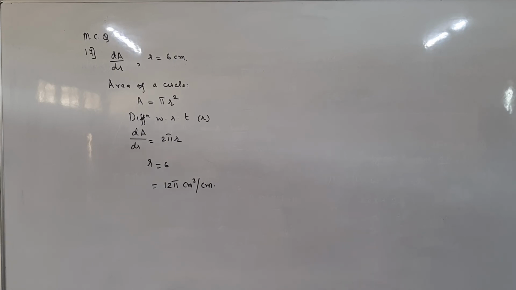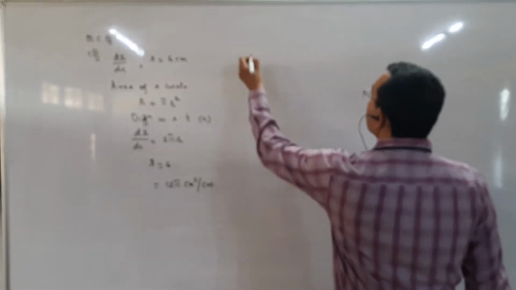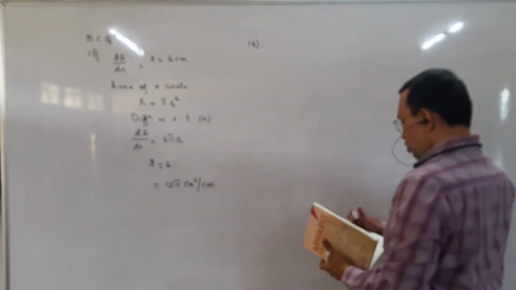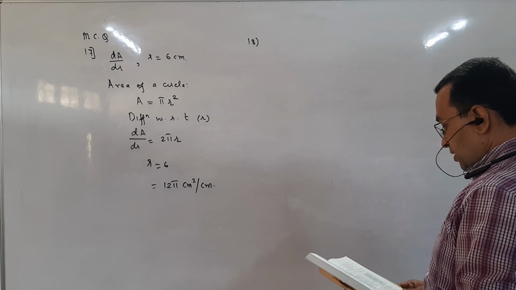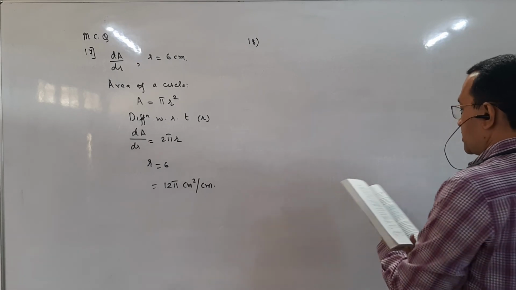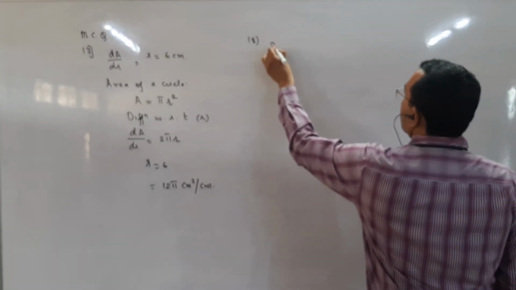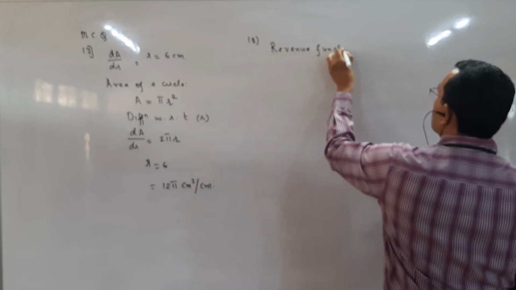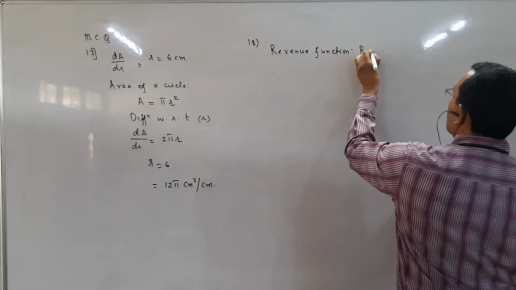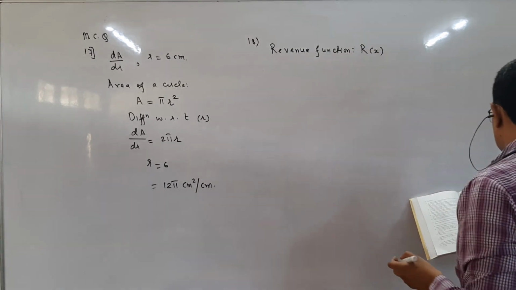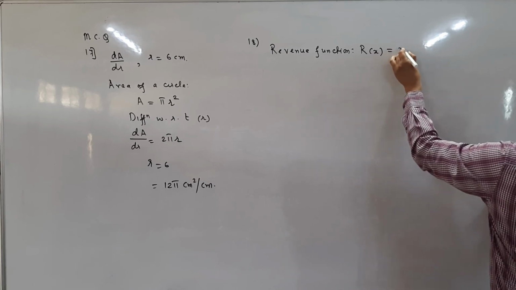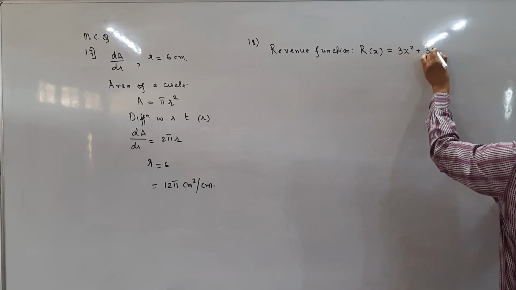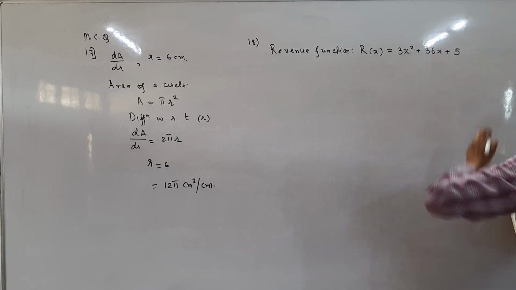Okay. Again, the next question is based on marginal revenue. The total revenue received from sales of x units of a product is given by the revenue function R(x) is equal to 3x square plus 36x plus 5.